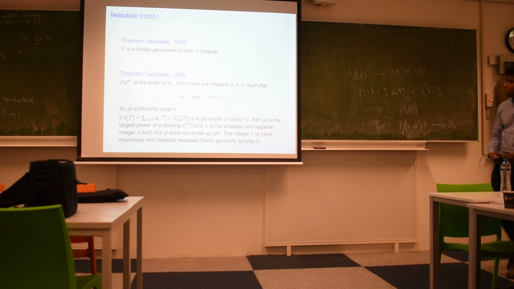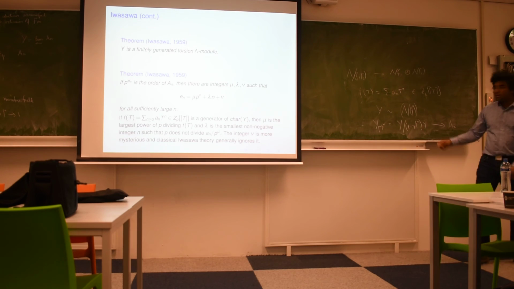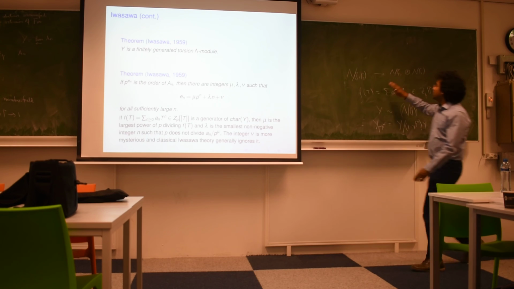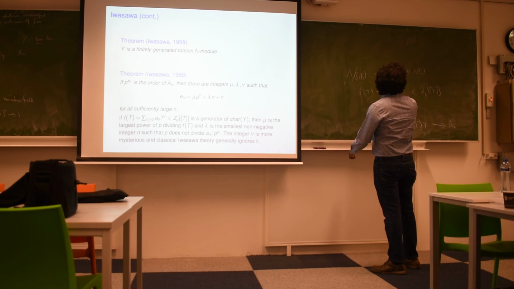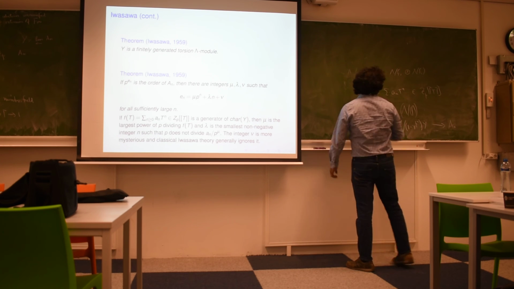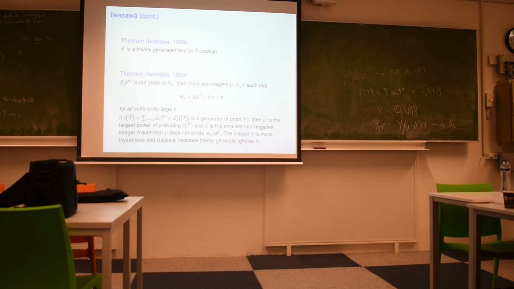And why is Y pseudo-isomorphic to the sum of Λ mod f? Was it not a finite product of such things? Because of such things, I can always write it as that. Is it true if f1 is equal to f2? No, that is not true. If I take f1 equal to p and f2 equal to p, it's not isomorphic, it's pseudo-isomorphic. One is annihilated by f, the other is not annihilated by f, only by f squared.